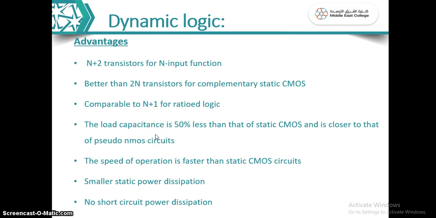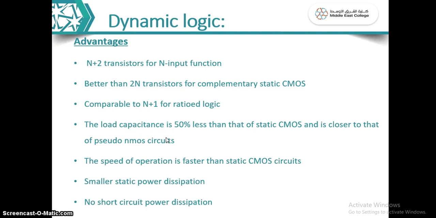Now next is the load capacitance. The load capacitance is 50% less than that for a static CMOS and is also very close to that of a pseudo NMOS circuit. Because if cascaded stages are there, the output goes to the next stage, which has only either an NMOS network or a PMOS network.